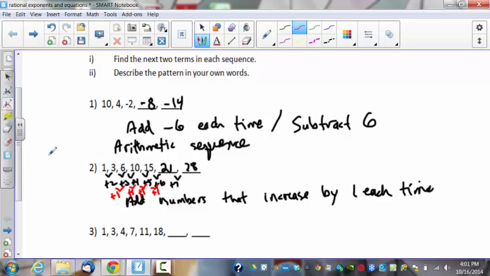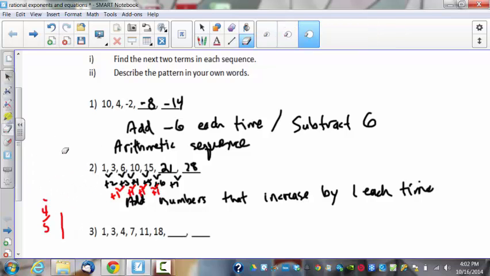And if you looked at that in a table of values where you had the term number, and then this number here, oops, 1. Oh, I want to do that.